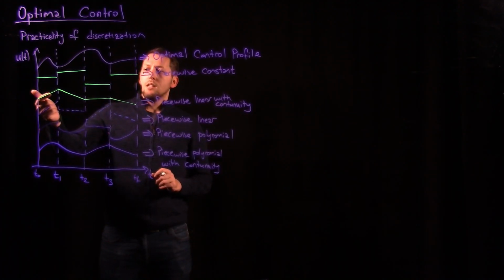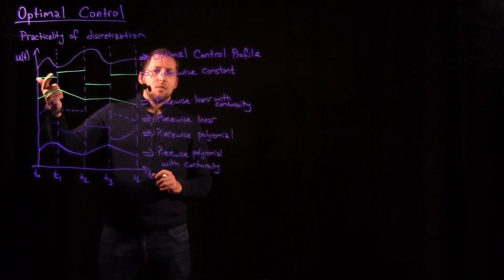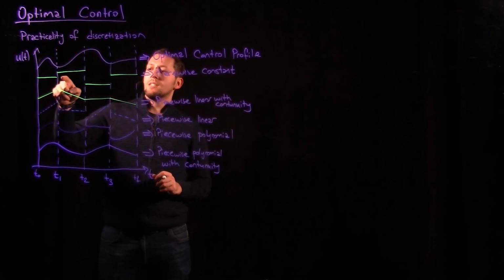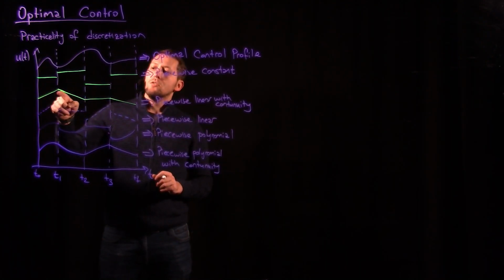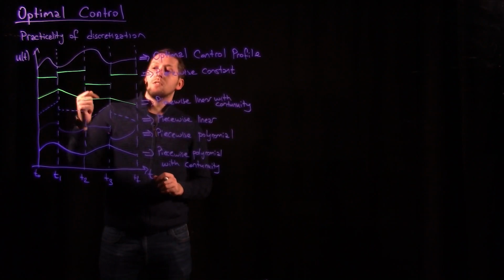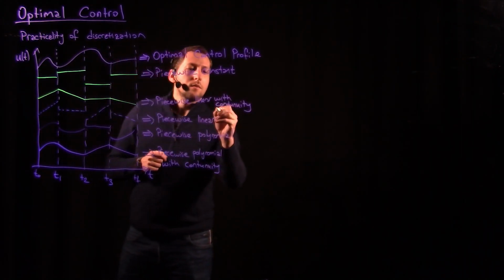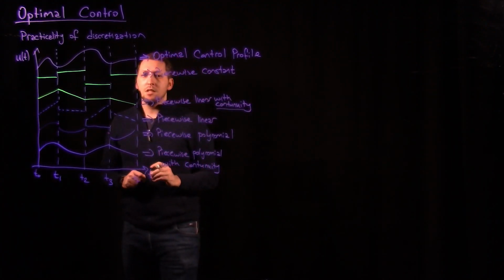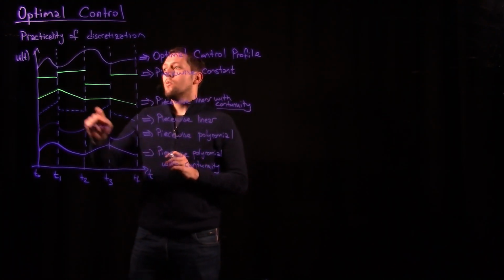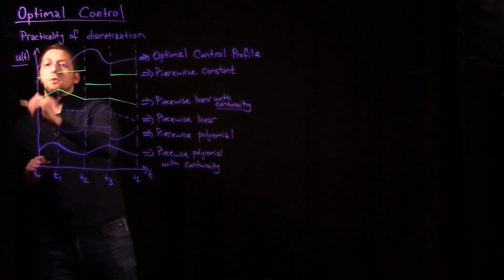Another thing that I could mention here is that, for example, this one is composed of linear curves, but with the continuity conditions. Continuity condition may be important sometimes because it's related with what kind of input variable you have in hand.